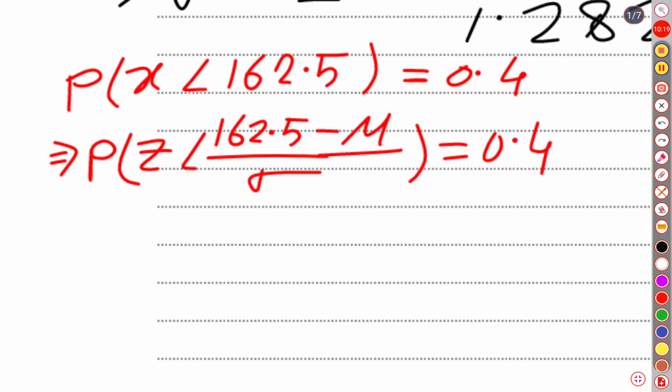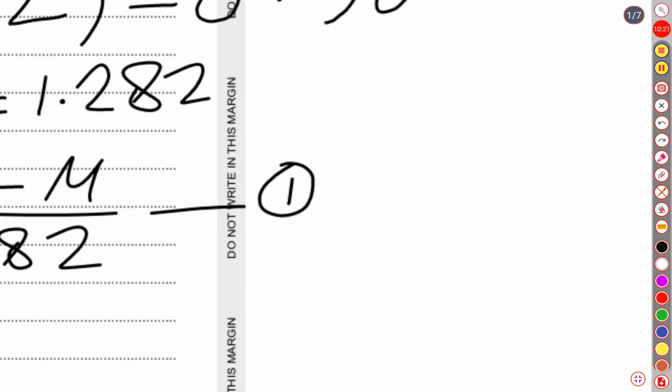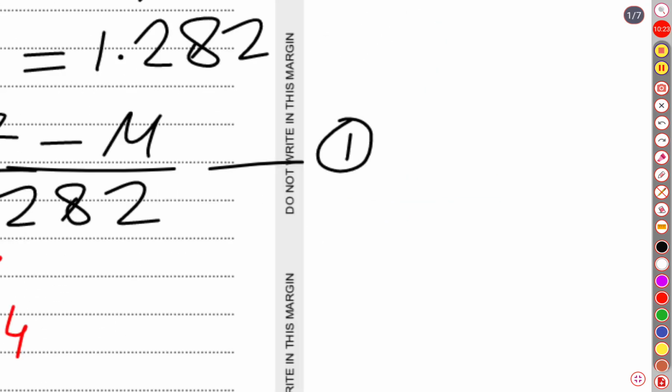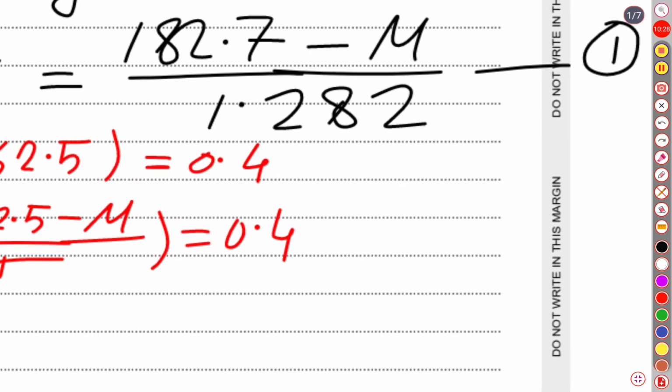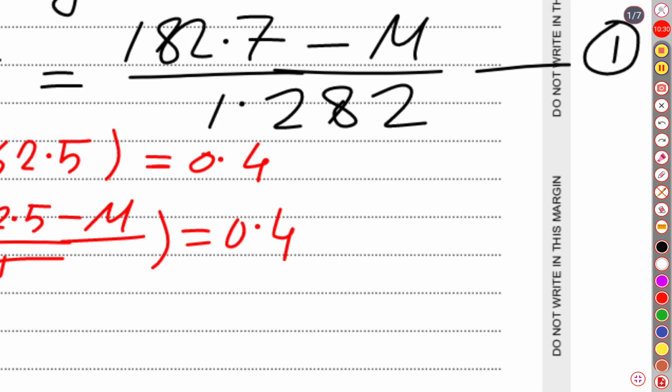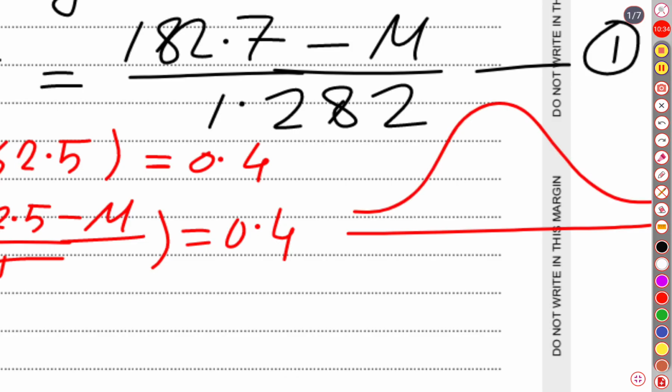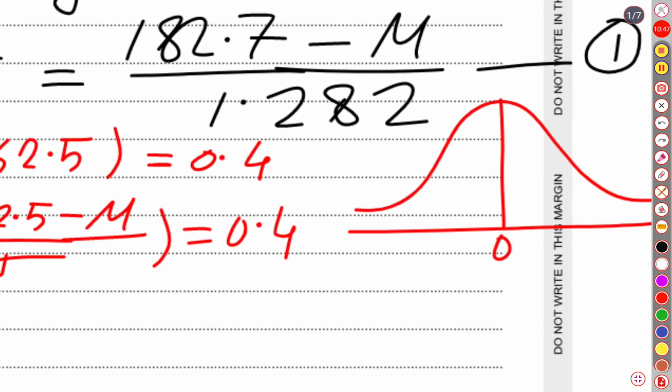Now for this we will have to draw a diagram. Let us draw the normal graph for this information. Suppose this is our normal graph, and here is the mean line, where the mean is 0, and they have told our probability is 0.4 and it is on the left side.